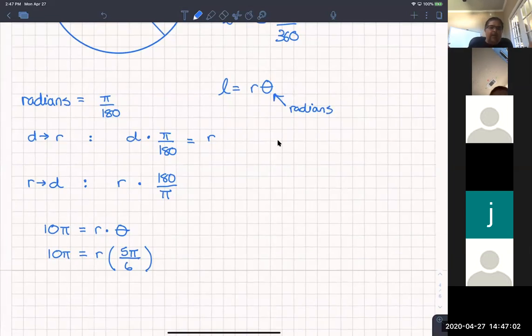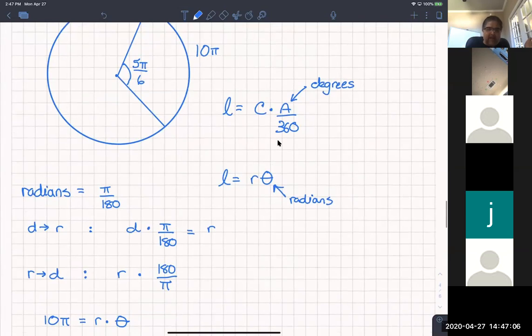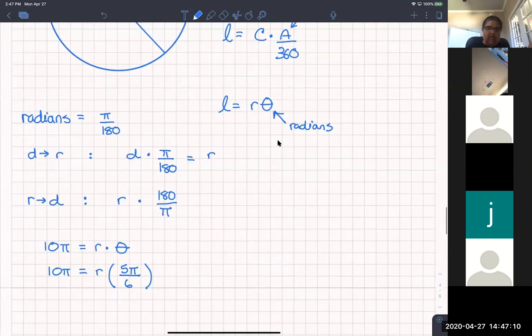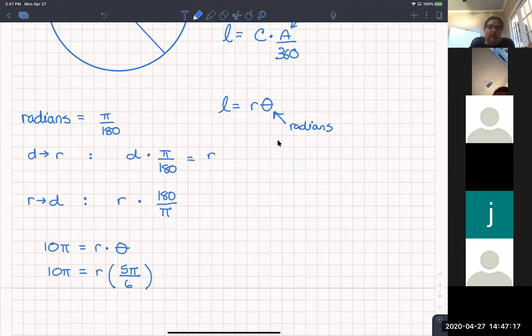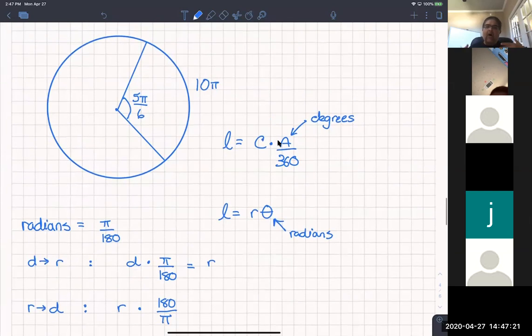Now, here we go. We have an angle of 5 pi over 6. Just remember, this is just another way of measuring an angle. And we know the arc length is 10 pi, and we want to know the radius. Depending on what units your angle is in, the arc length has a different formula.